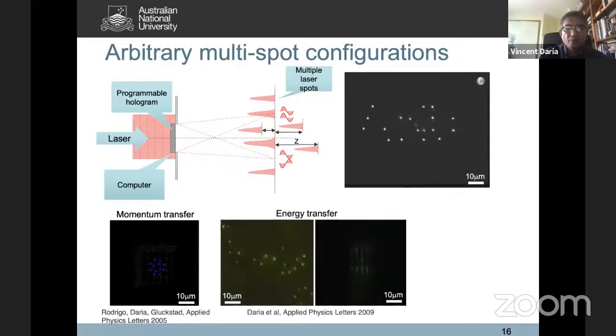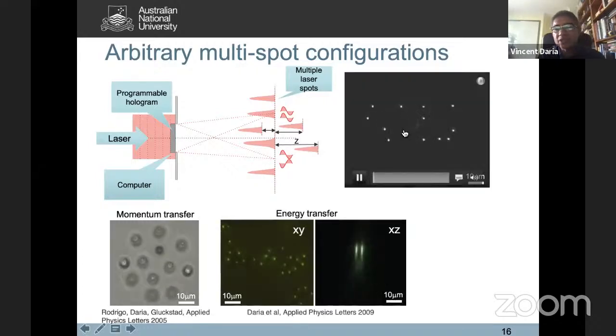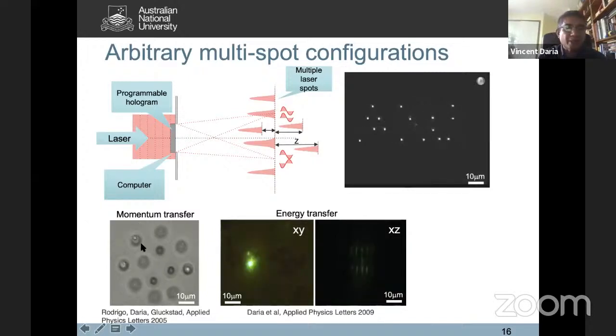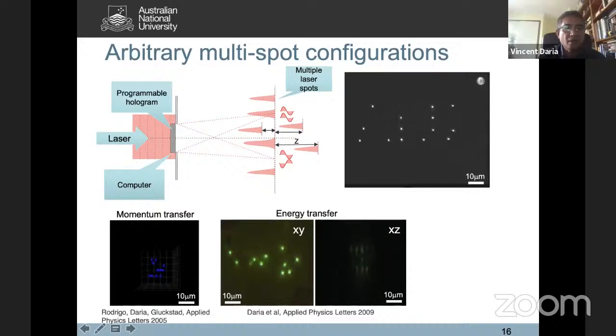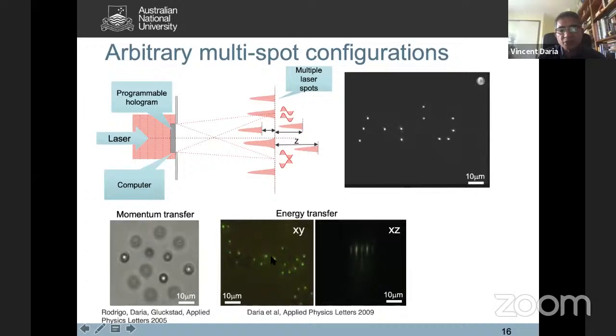You can use these individual spots to transfer momentum, and we can change the position of microparticles, but we can also transfer energy. This is fluorescence from fluorescent beads. This is in XY, and this is in XZ.